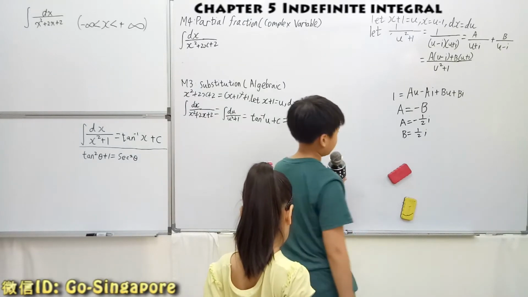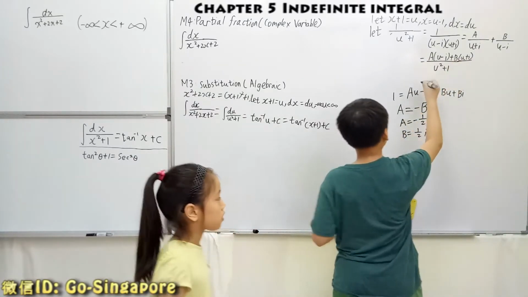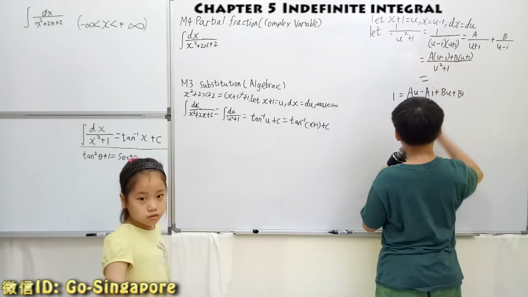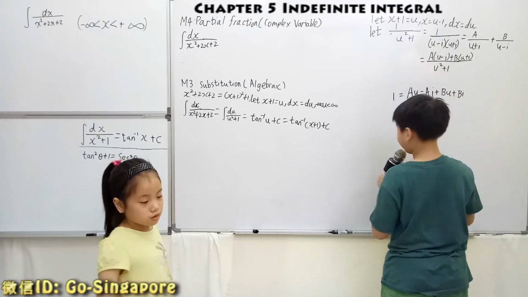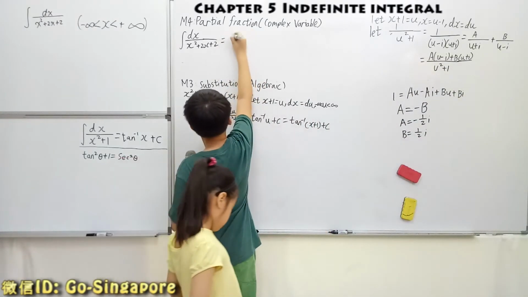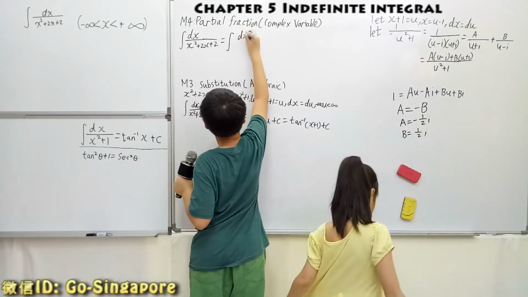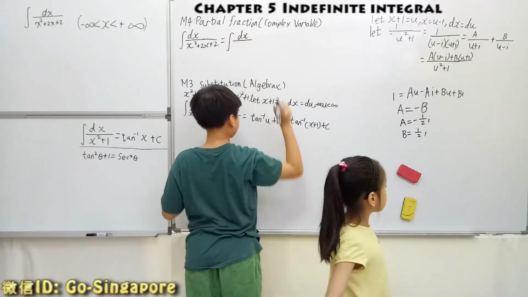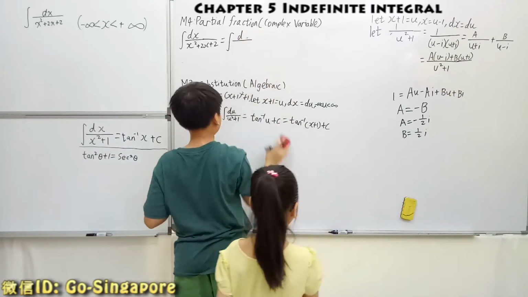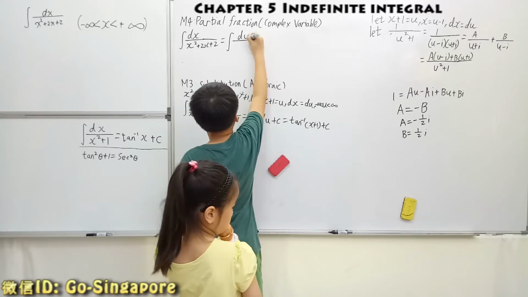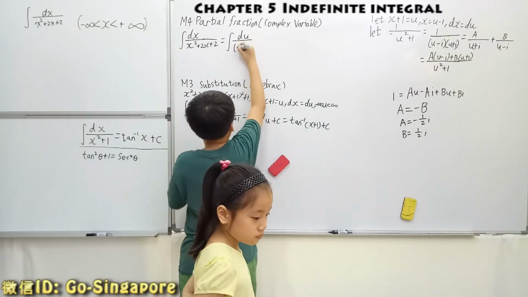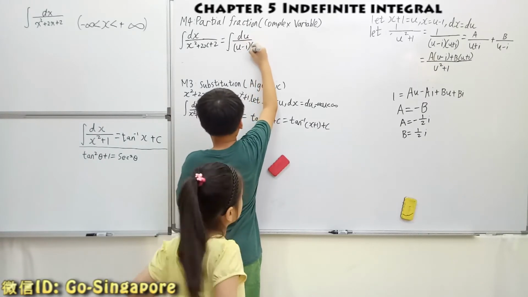So like this, we can sub it in. So you straight away sub in here. Yep. So this x will be u, right? Yep. First, we'll sub in this part.